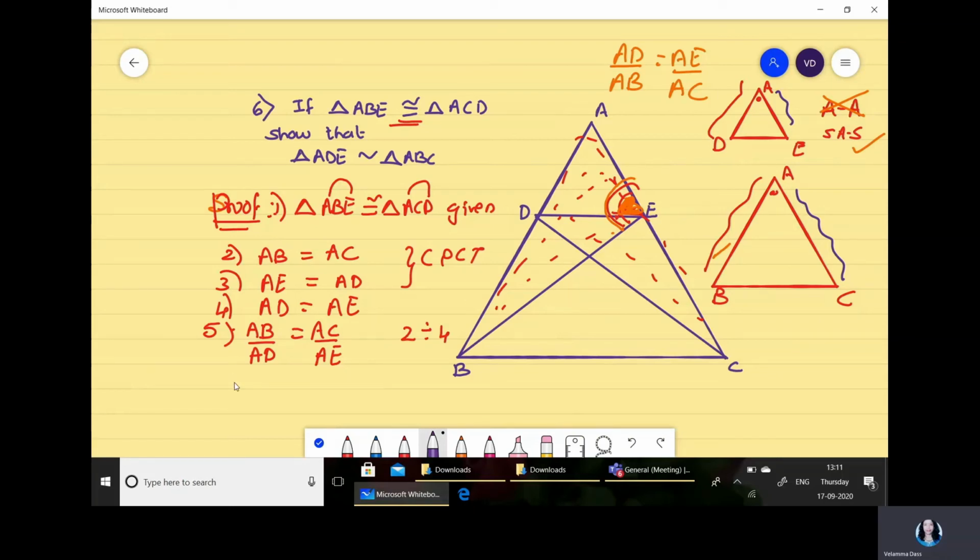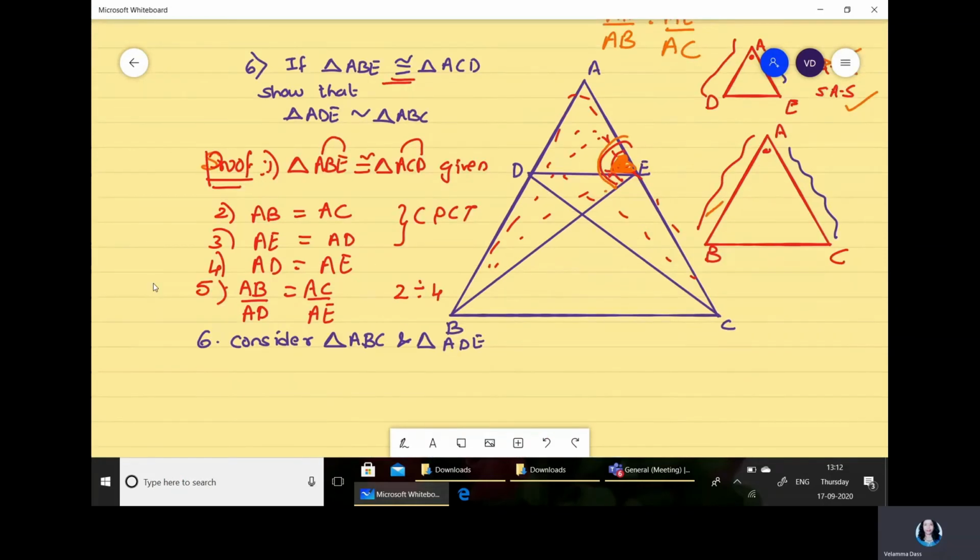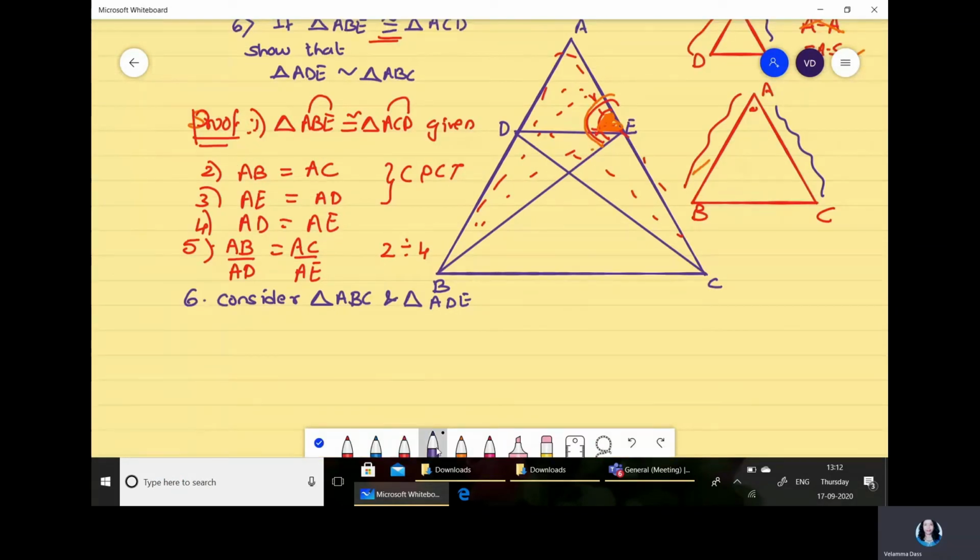Now we can consider the bigger triangle ABC, because we have AB as the first letter, and triangle ADE. Here we have AB upon AD, the first two letters, equal to AC upon AE. This is from 5. Also we know that angle A is equal to angle A, that is the common angle.